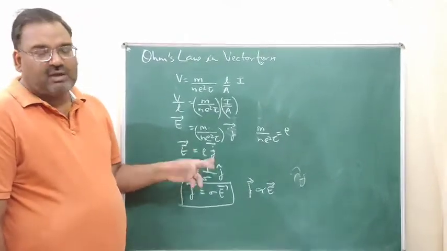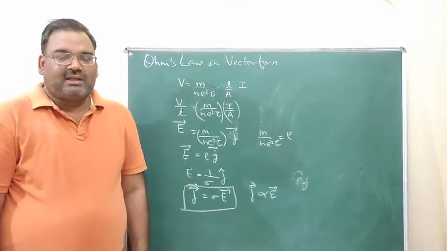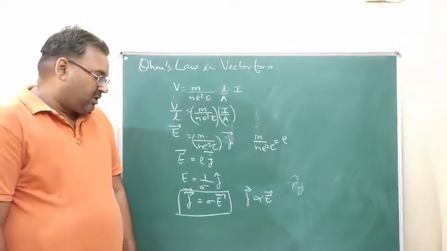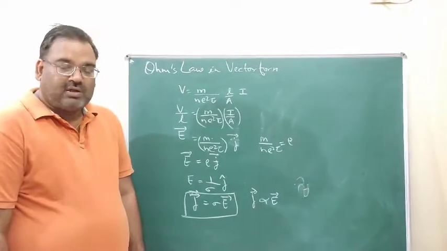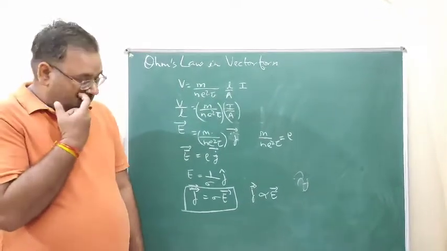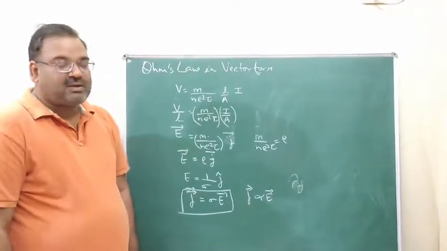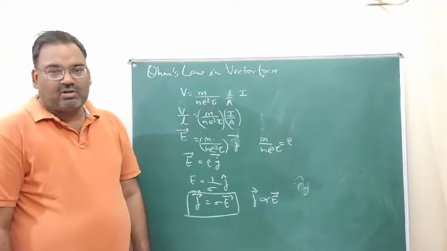The inverse of specific resistivity is specific conductivity, represented by the letter sigma. So J is equal to sigma E, where sigma is constant. We know that specific conductivity is a property of the material, so it is a constant value.